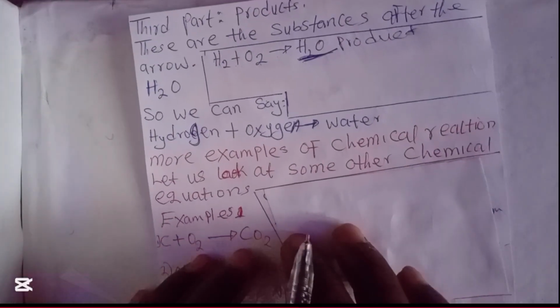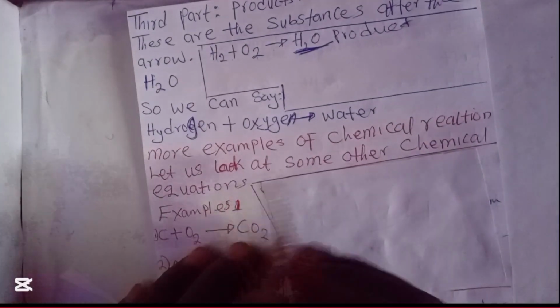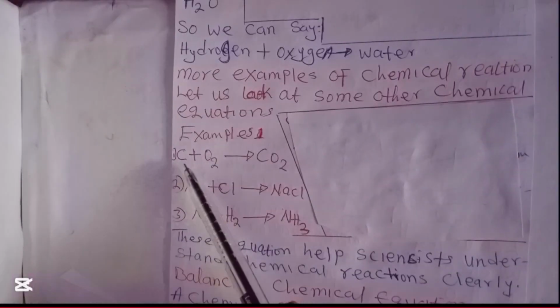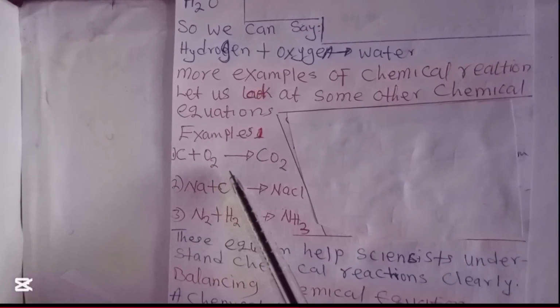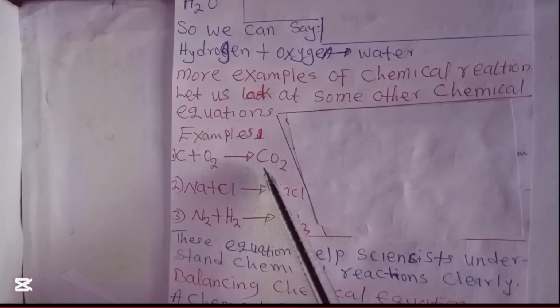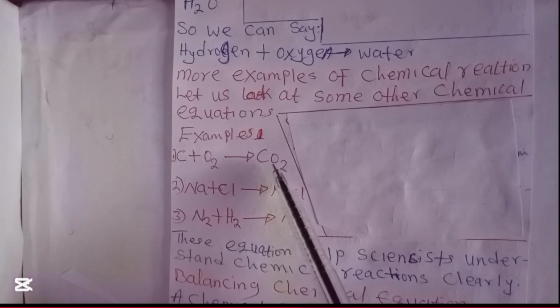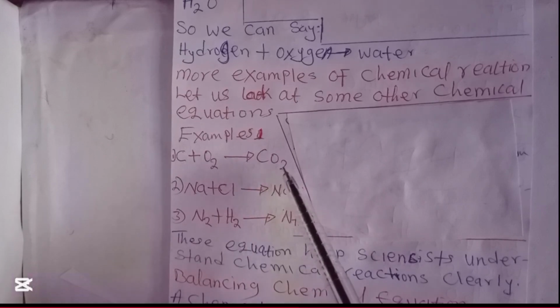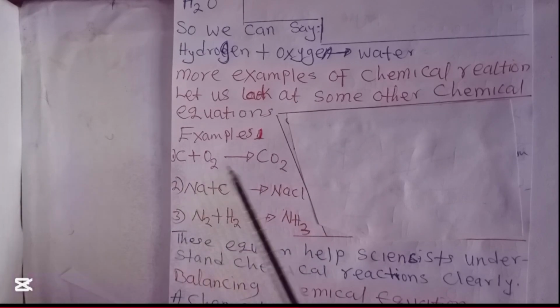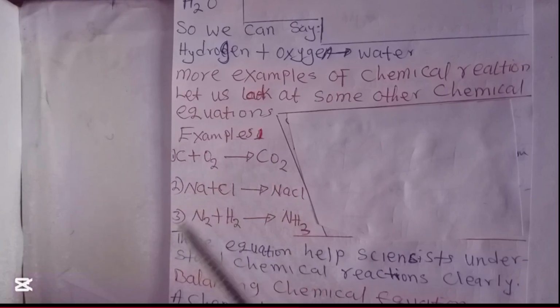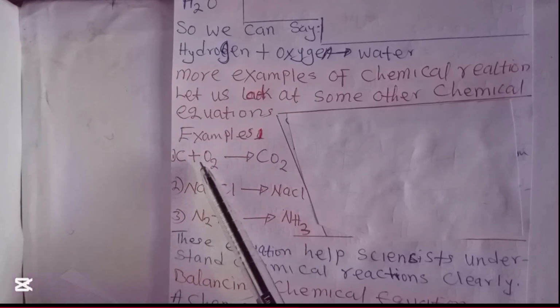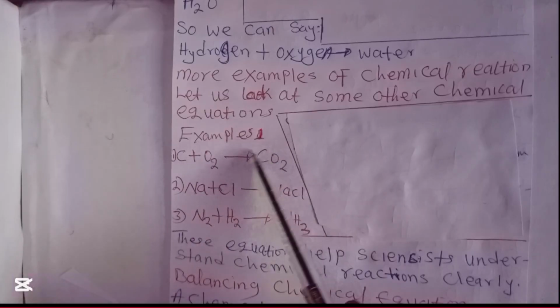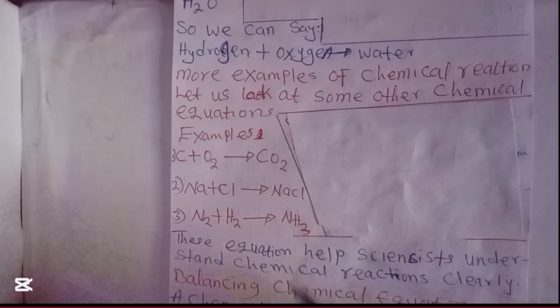Let us look at some other chemical equations. We have carbon plus oxygen. It gives us CO2. We have carbon, then 2 oxygen. This product here is called carbon dioxide.